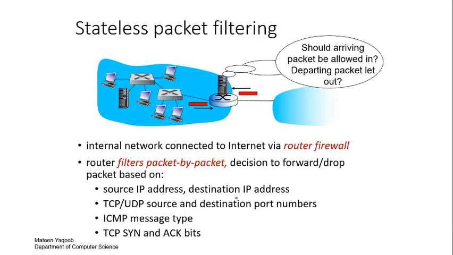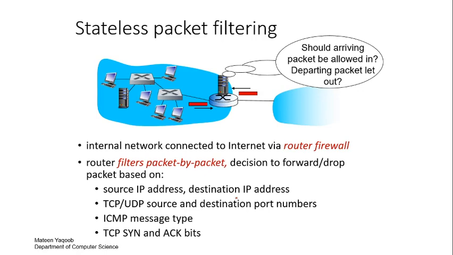In stateless packet filtering, we ask a simple question at the gateway point, or you can say the point at which the packets are arriving from the public internet to the organization's internal network.